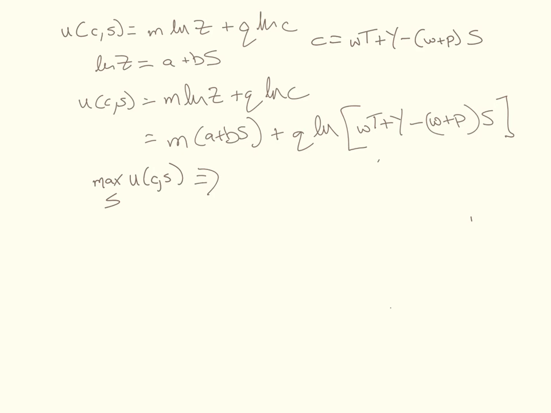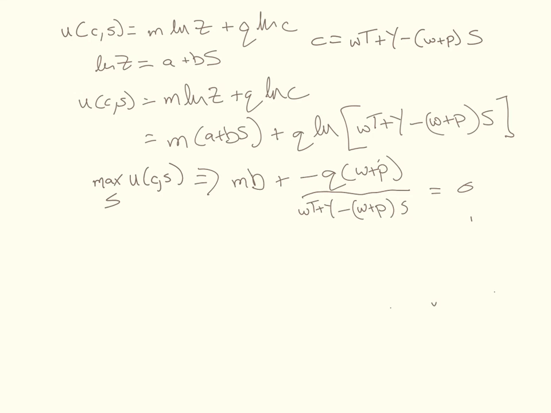And so when I do that, I wind up with M times B plus negative Q times (W plus P) divided by my endowment minus the spending that I do on education, otherwise known as my consumption, the thing that gives me leisure. That equals 0.